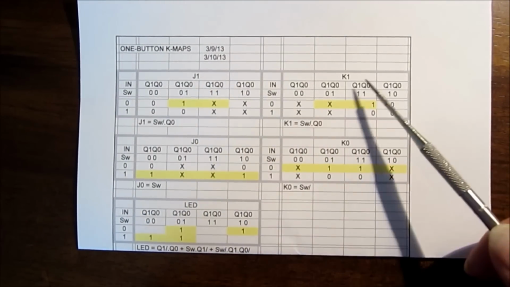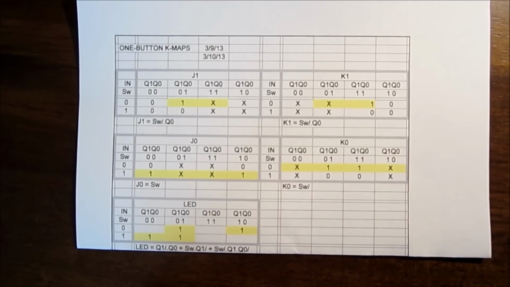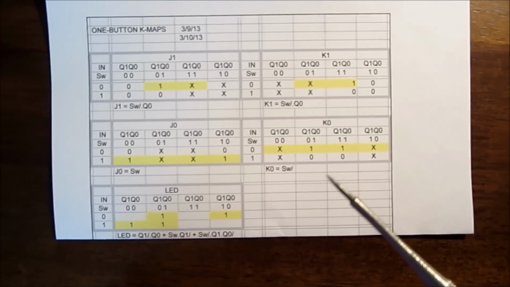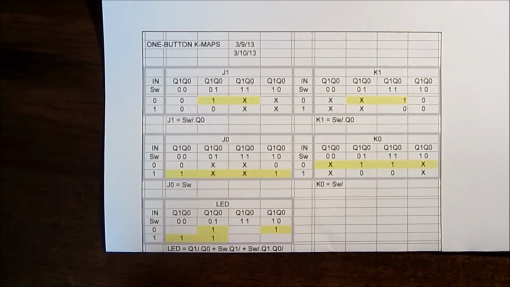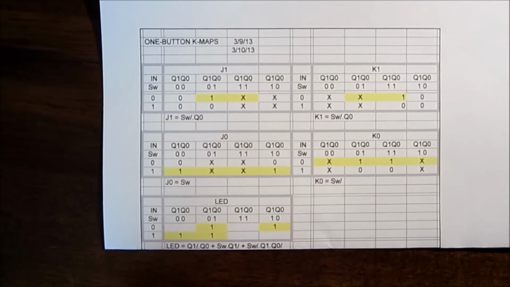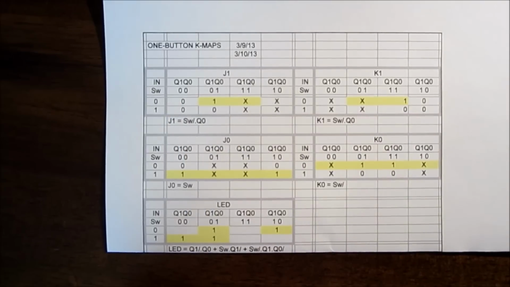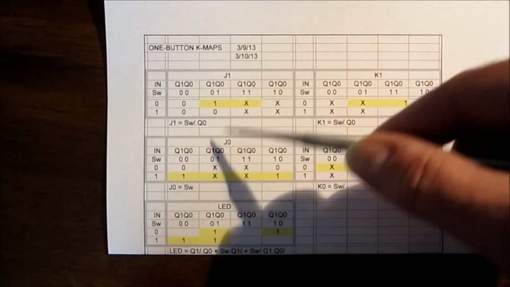So this is J1, this is K1, this is J0, and this is K0. You might want to stop the video and take a close look at this table. Maybe I'll zoom in on it a little bit more so that you can see it better. What this does is it transfers the information out of this table into this type of format.